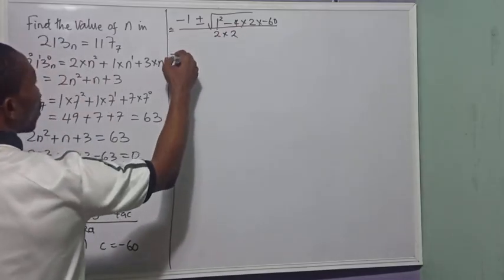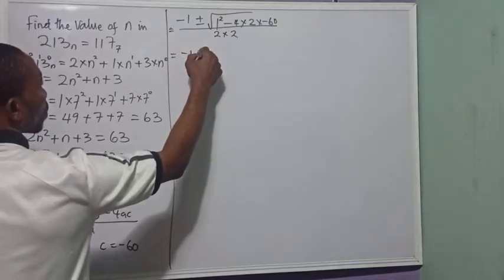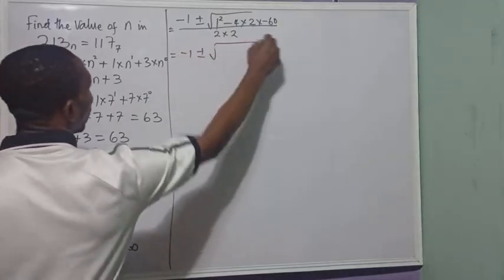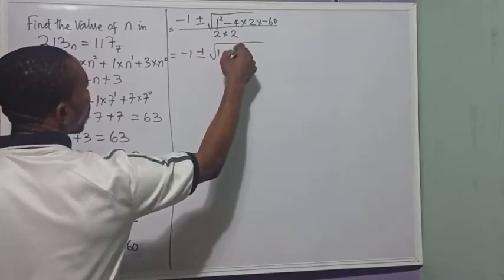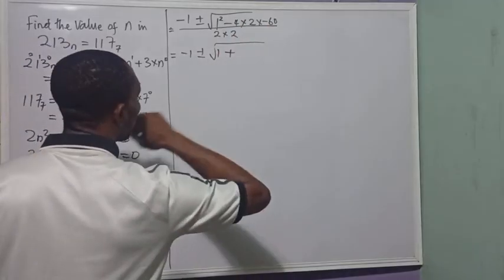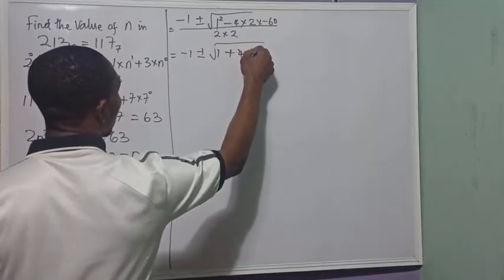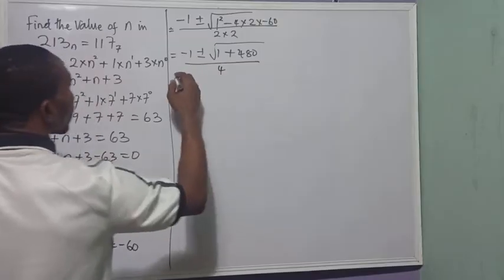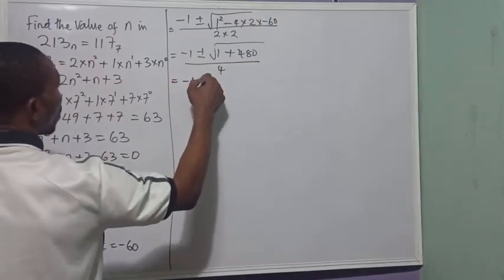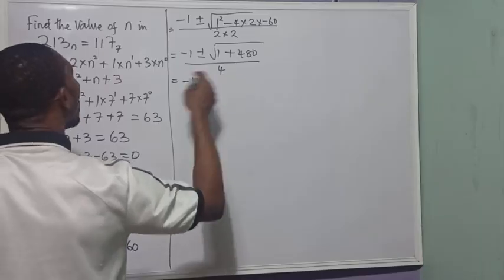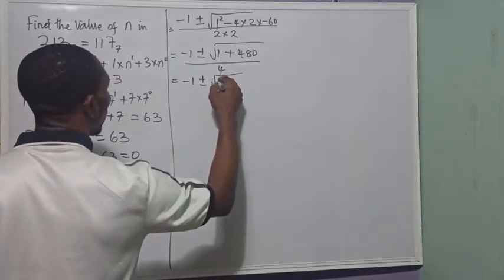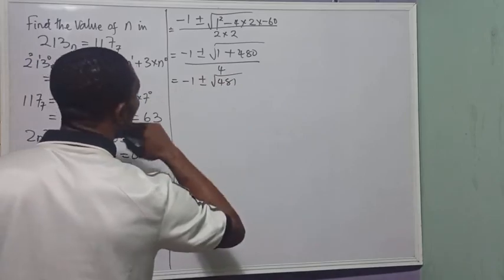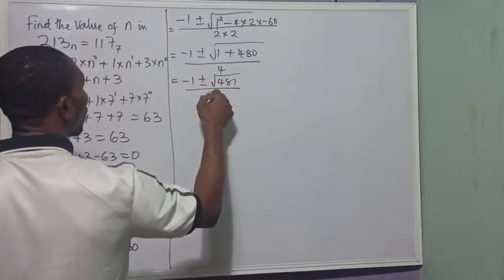So this gives us minus 1 plus or minus root 1 plus 6 times 4, 24, times 2, 480, minus times minus gives us plus, all over 4. So this gives us minus 1 plus or minus root 481, all over 4.